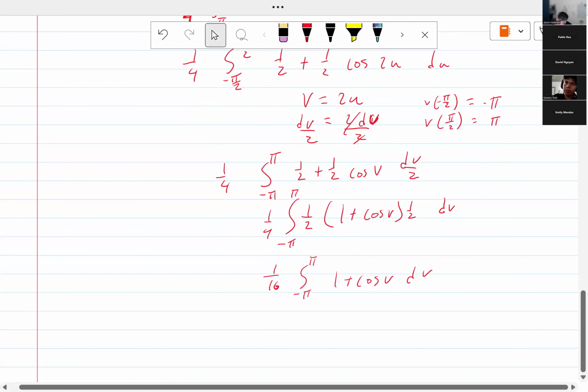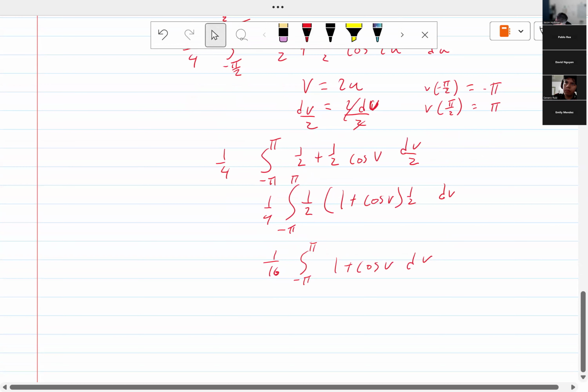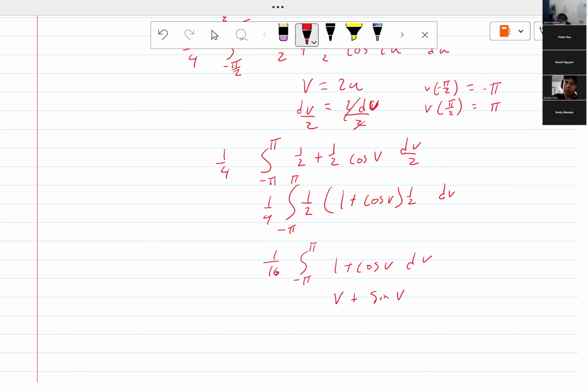Now we can actually integrate. This is going to be v plus sine v, evaluated from negative pi to pi, times 1 over 16. Now let's plug in the pi's.